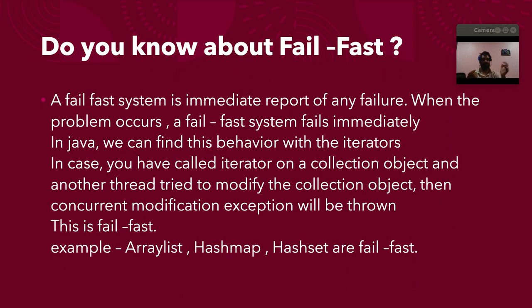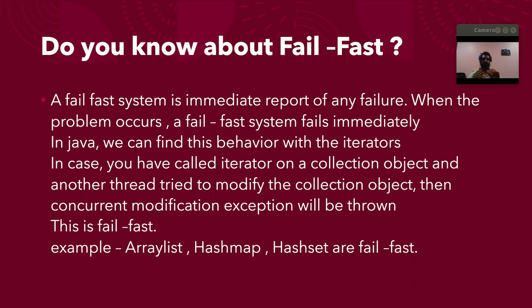Then a second thread comes and tries to add some element to that collection. In this case the iterator will detect that the collection has now changed, so it will fail and give an exception, the ConcurrentModificationException, right?